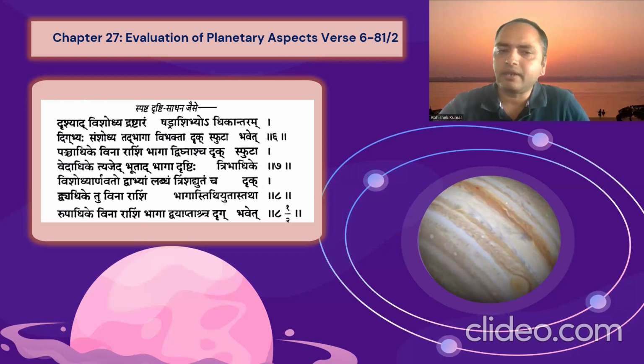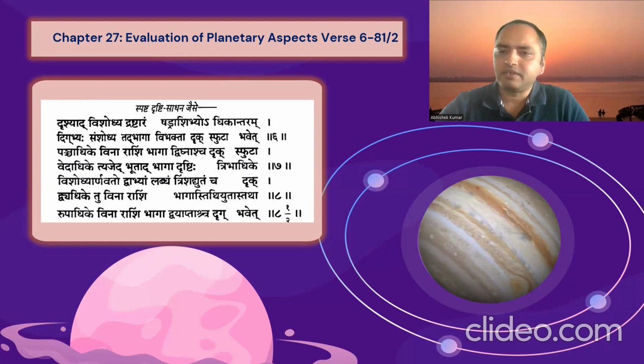In the aspectual vision of planets, one planet is aspecting another planet. The planet which is aspecting, Maharshi is calling that planet Drashta, the aspector.